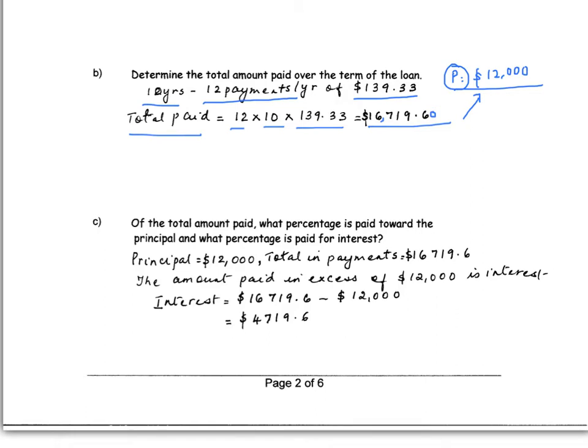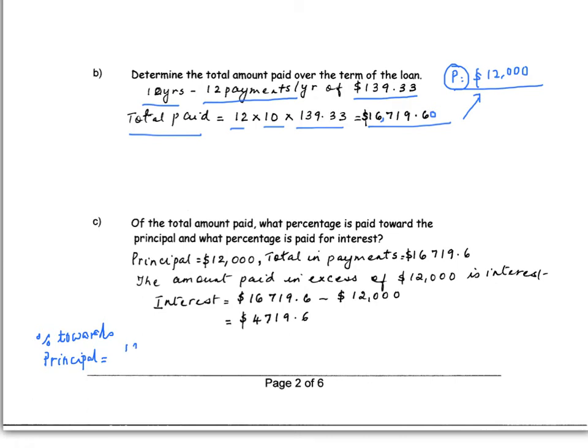So let's first figure out the percentage that goes towards the principal. Most of what we paid goes towards the principal, but a large part of it does go towards interest. So what is the amount that we paid towards the principal?